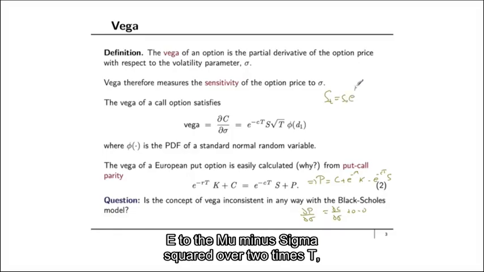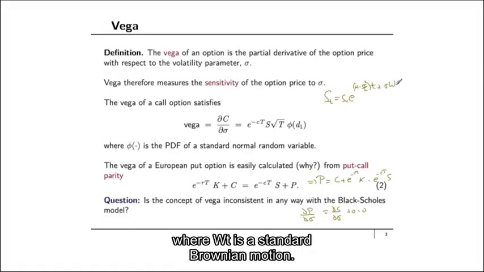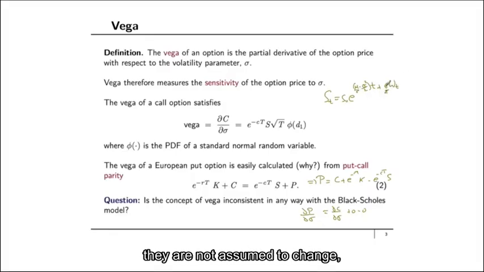If you recall, vega of a call option was equal to delta C delta sigma, and we mentioned that this is always strictly positive. So now you can imagine drawing the following graph. On the x-axis we will plot sigma, and on the y-axis we will plot the option price C of sigma.